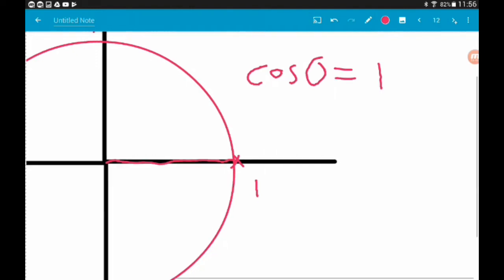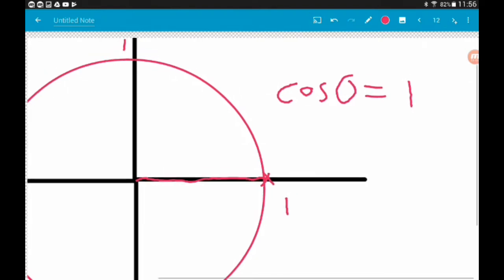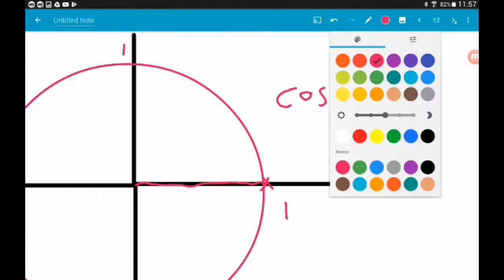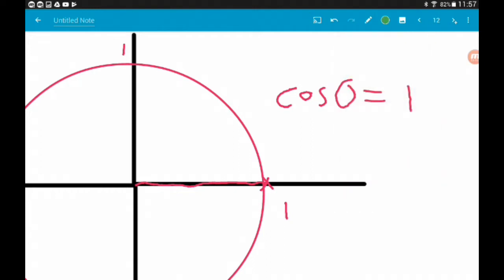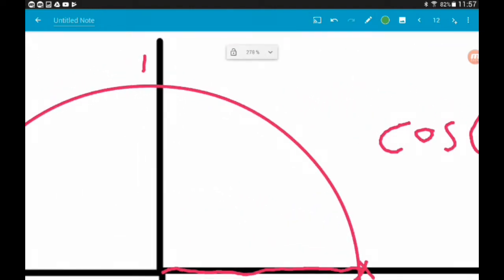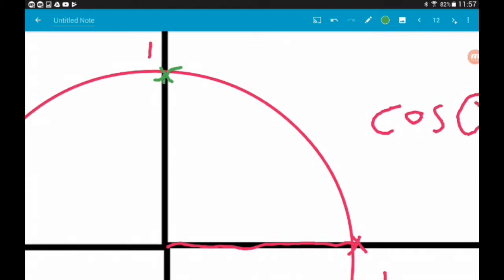If we then rotate it around a bit to 90 degrees, if theta was equal to 90 degrees, that would put our point up here. So we would now have this triangle, and then this would be our 90-degree angle.